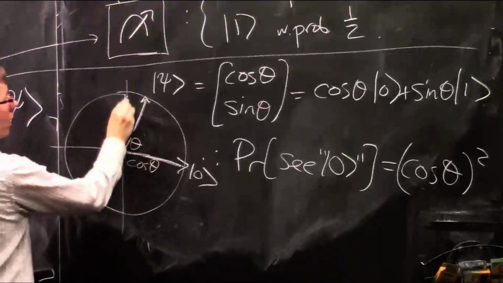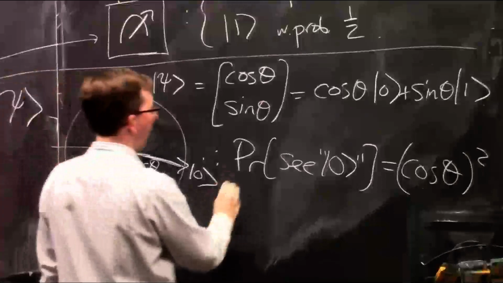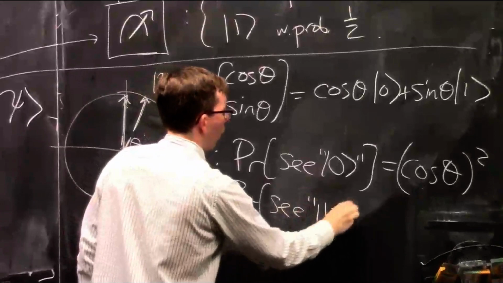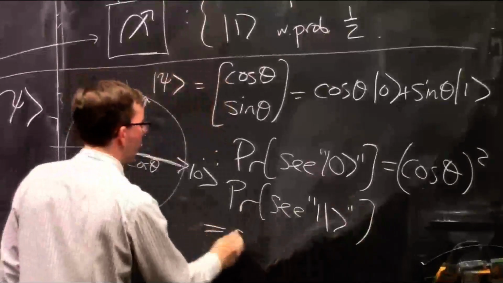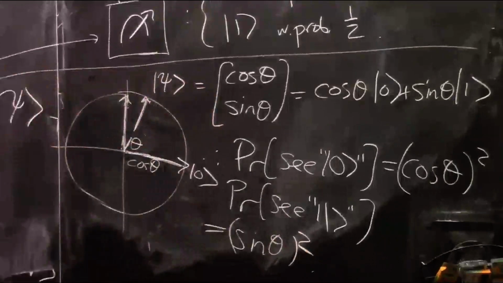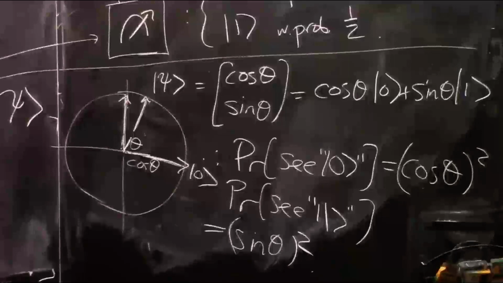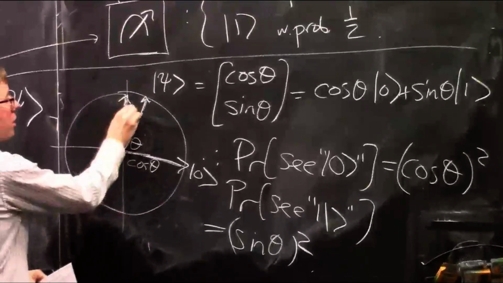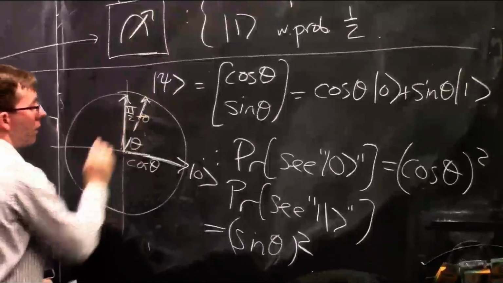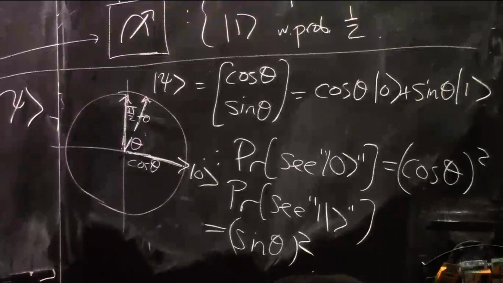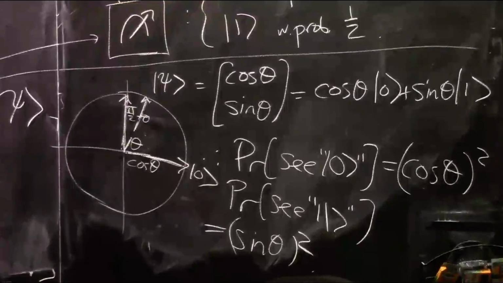And in fact, the probability you'll see 1, on one hand, is sine squared, because it's the square of the second coordinate. But it's also, if you remember a teeny bit about trigonometric identities, the cosine of the angle between psi and 1. It's the cosine of pi over 2 minus theta, squared. OK, that's a little trig for you.